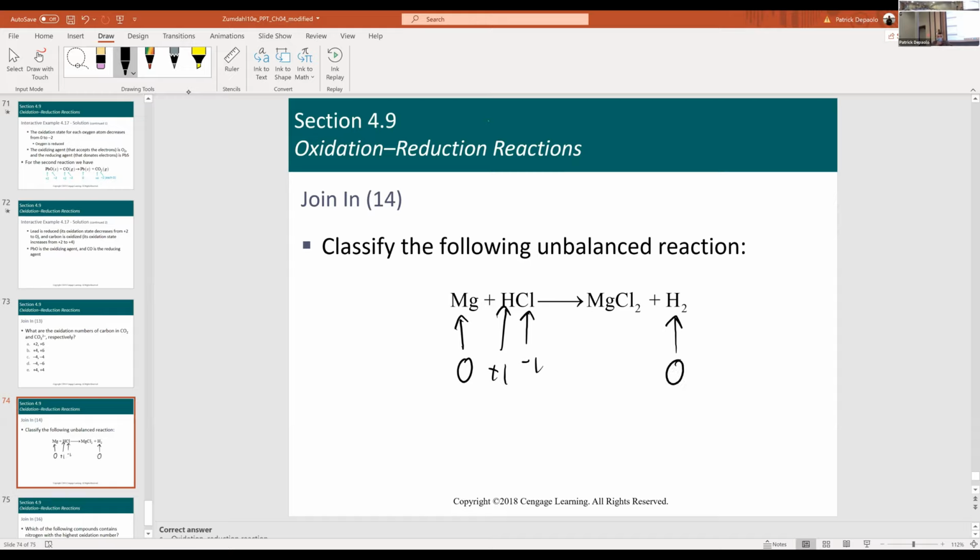So anytime there's an element by itself, even if it's H2, O2, O3 even, that means it's 0. And then the Cl stays the same as -1. And what's the magnesium here? Good, +2.